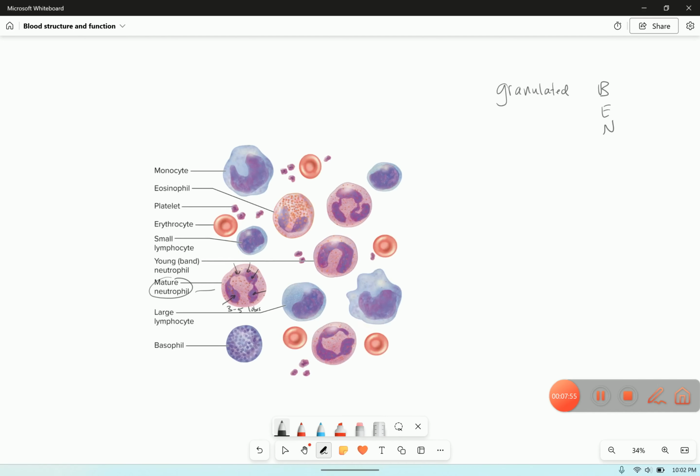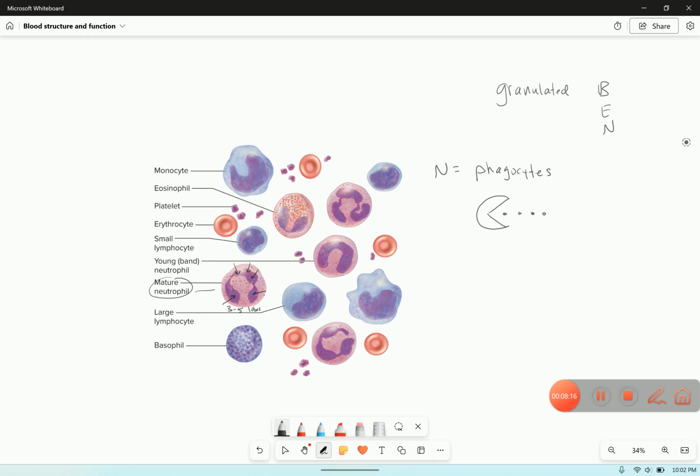Okay, so looking at the neutrophils, they are also known as phagocytes. Okay, so the word phagocyte means that it has the ability to destroy a pathogen.